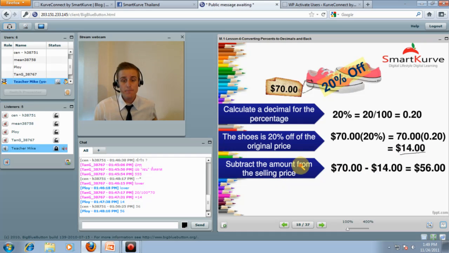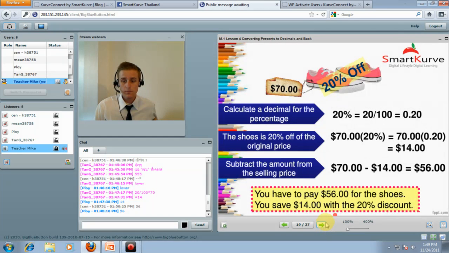Now subtract the amount from the selling price. So 70 minus 14 gives us 56. You have to pay $56 for the shoes. You save $14 with the 20% discount.